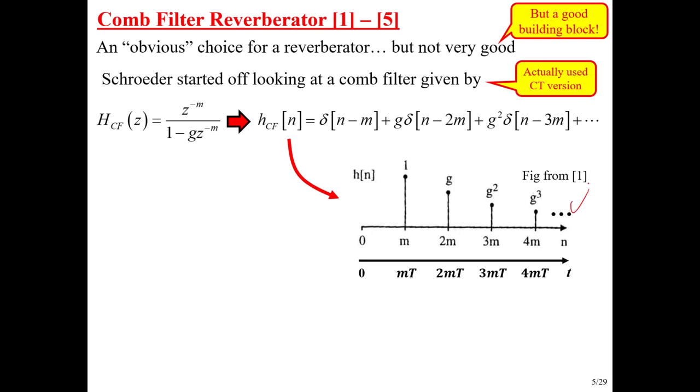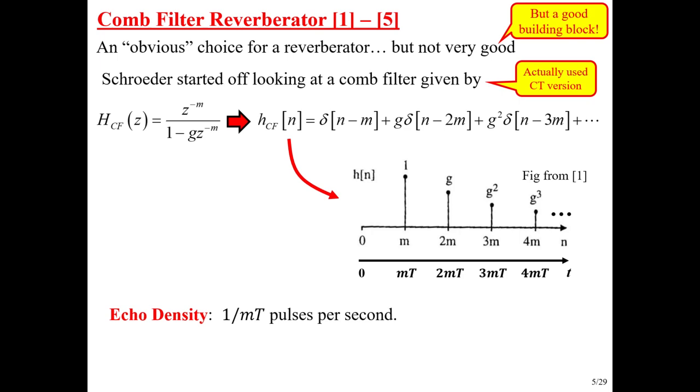And this picture here is from Gardner's paper, and I've just added an additional axis in actual time. So this is in samples. So capital T is our spacing between samples, so that's 1 over Fs. So this is just showing you the actual spacing in seconds. So what is our echo density?